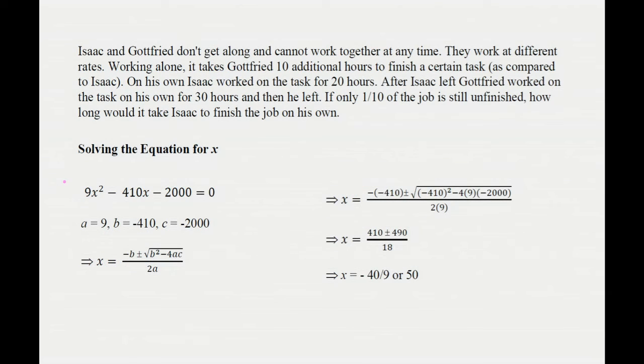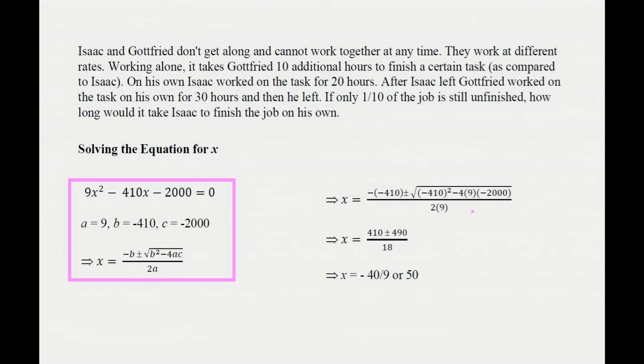So this came from the previous slide. Nothing new. Okay, so I replaced b with minus 410, a with 9, and c with negative 2000.